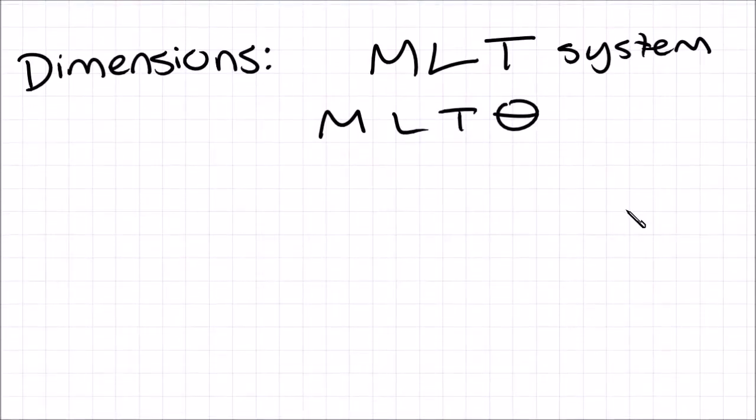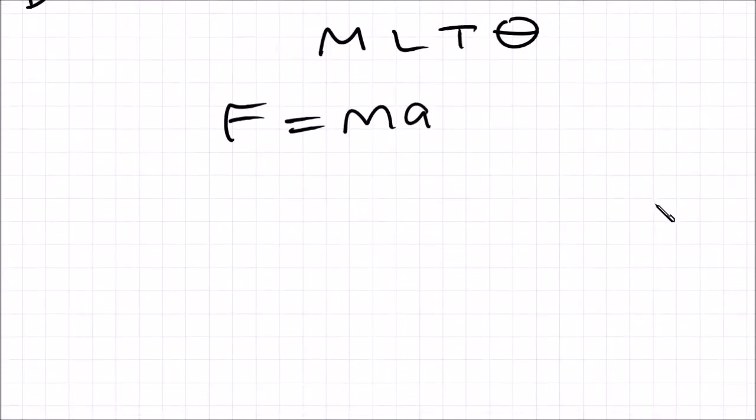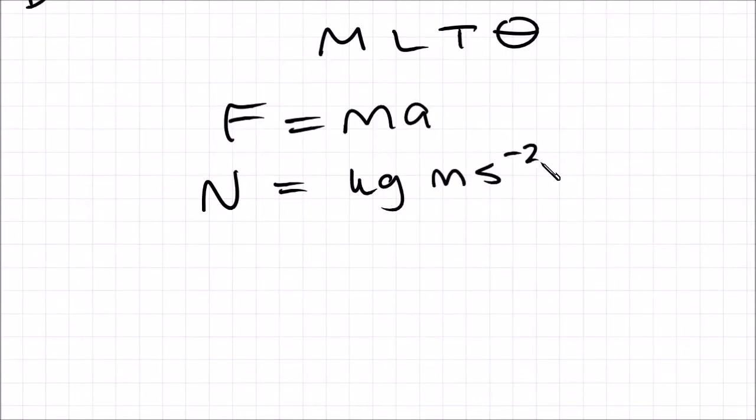So we're going to construct the second law of motion, F equals ma, using dimensions, the MLT system. We know the units of each of these variables. The unit for F is newtons, for mass is kilograms, and for acceleration it's meters per second squared.